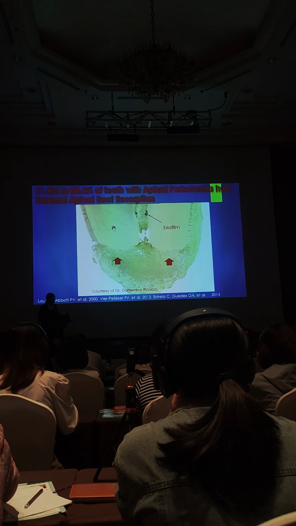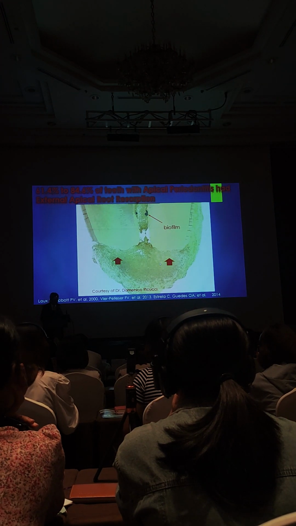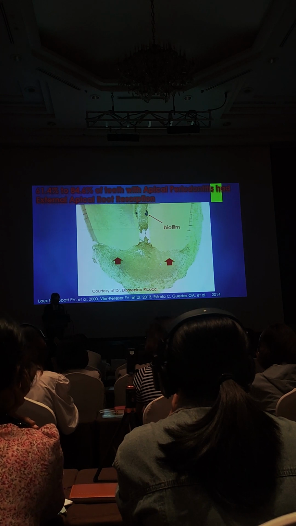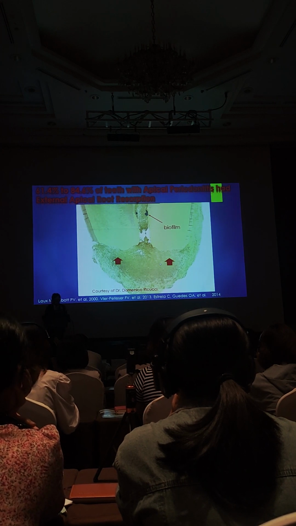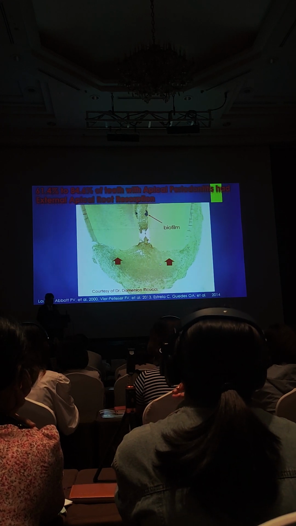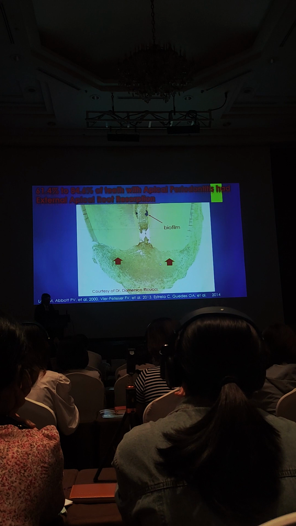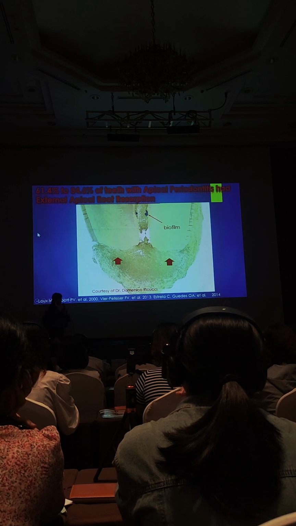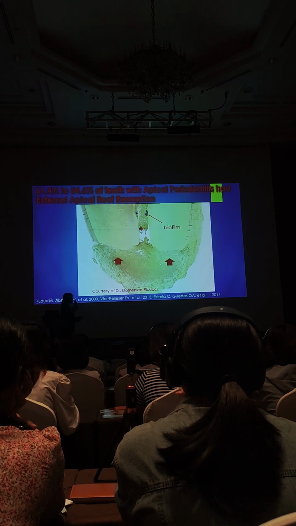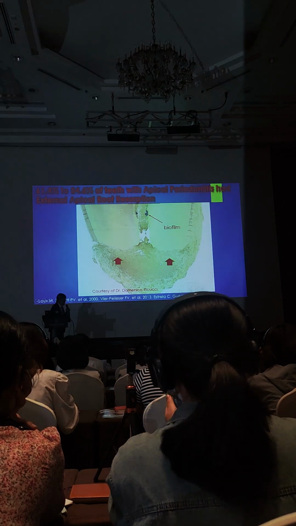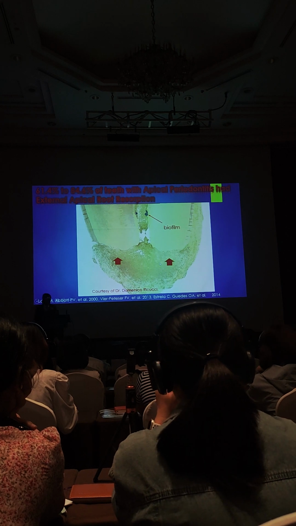So how do you develop the periapical disease? 61.4% to 84.6% of teeth with apical periodontitis had external apical root resorptions. Because of the inflammation from the host immunity, you will have external root resorption. So this is a biofilm. Against the biofilm, the host responds to it.